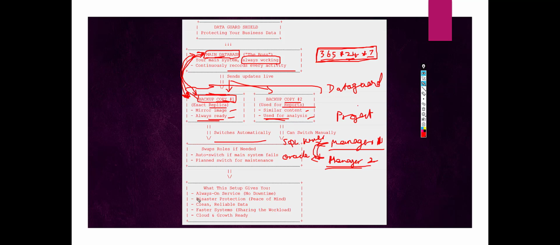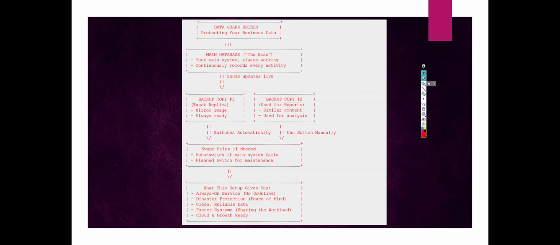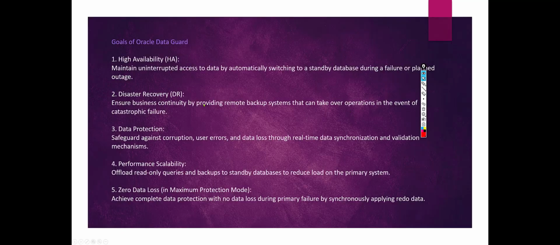Okay, and these are all the benefits: always on service, no downtime, peace of mind, clean, reliable data, and also faster systems sharing the workload, and it is also cloud ready, so we can also implement this in cloud. So these are the goals of Dataguard.